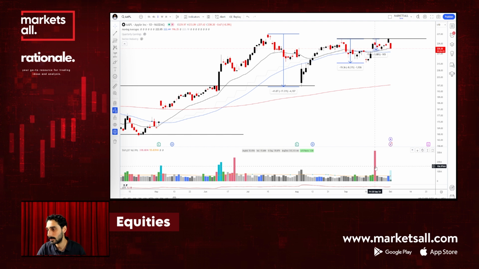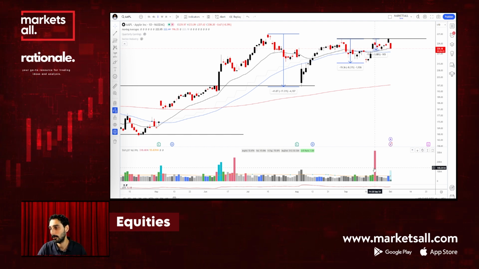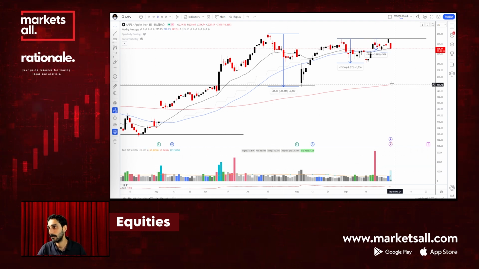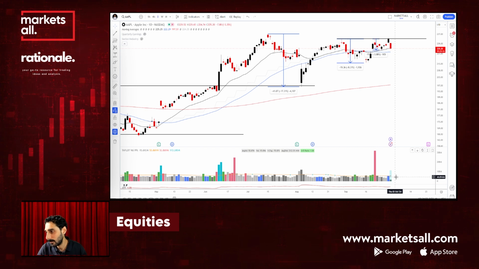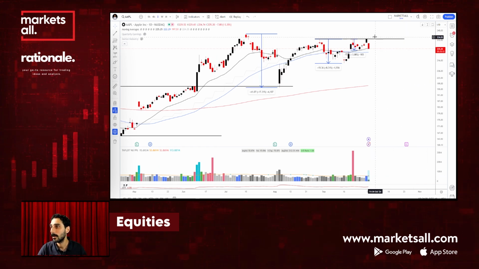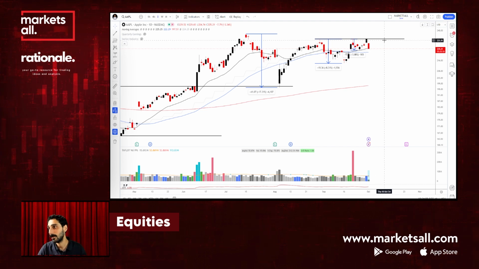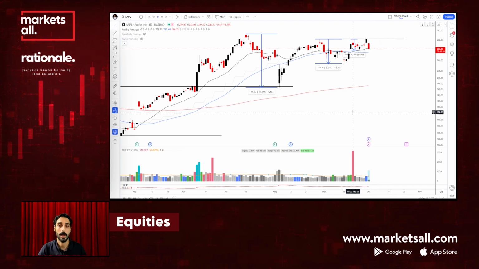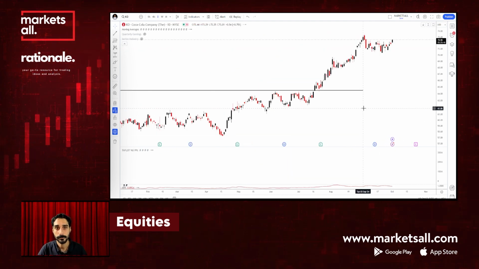For example, this red line shows a huge selling volume, and if we see more tightening around here, and the price is still contracting, so the volatility is contracting, it might offer another buying opportunity in Apple.